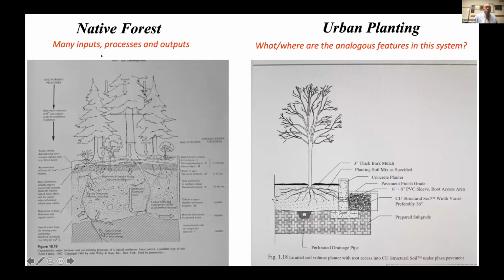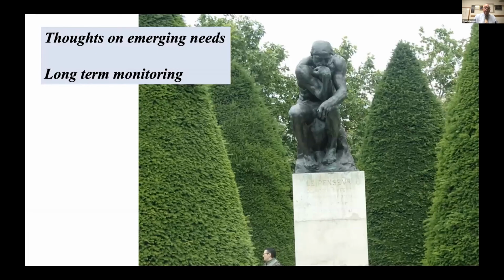We've got many inputs, processes occurring within the soil, as well as outputs, both subterranean as well as back to the atmosphere. Here's an urban planting, and this is from a book about urban structural soils. Where are the inputs and the outputs? We haven't even begun to quantify these.